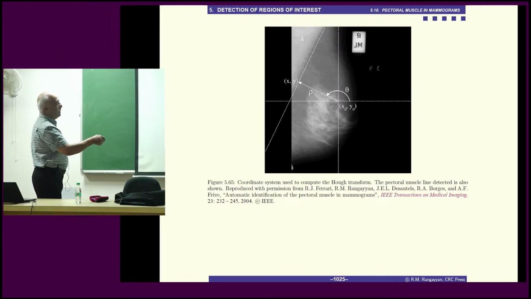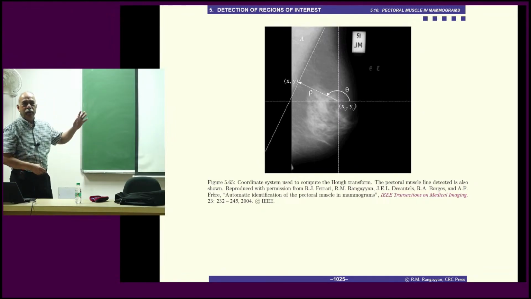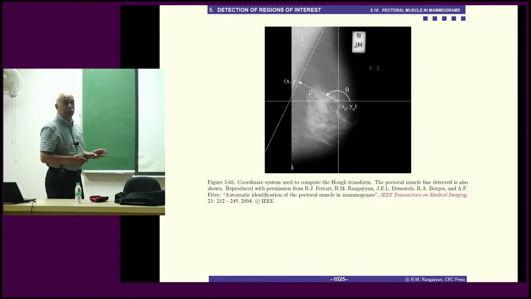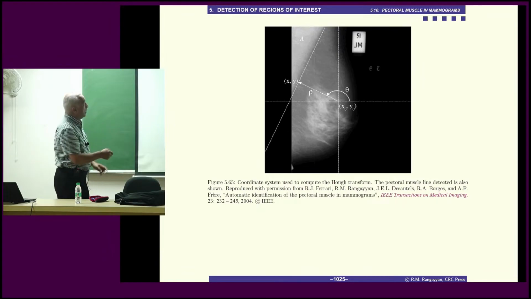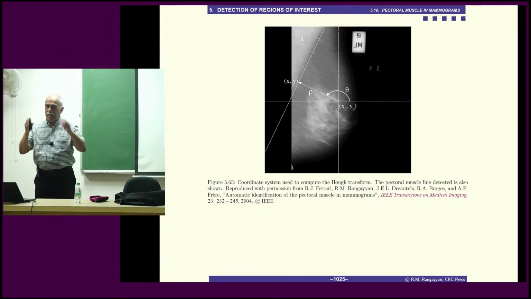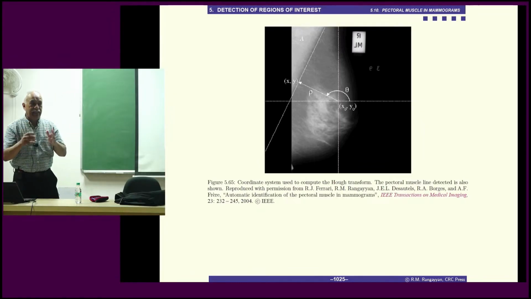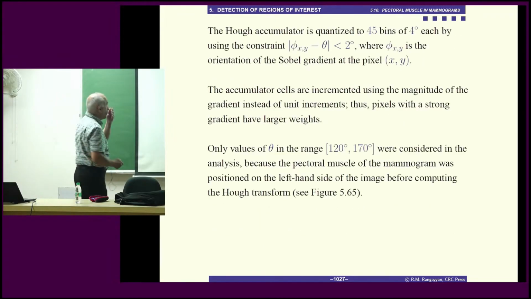So there is a certain range depending on the geometry you have specified. So the Hough transform doesn't have to be computed for all theta and all rho. Rho also is limited by the size of the mammogram, and so this is not just discretized, but also you put spatial constraints in the definition of the Hough transform accumulator.